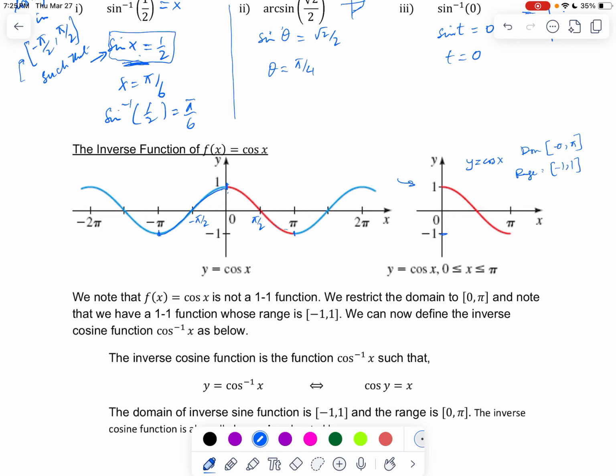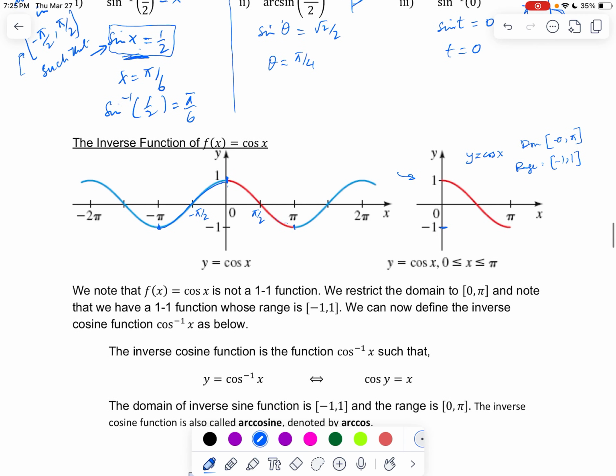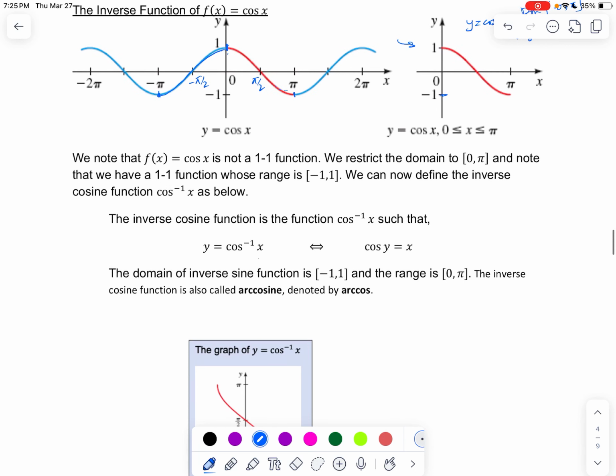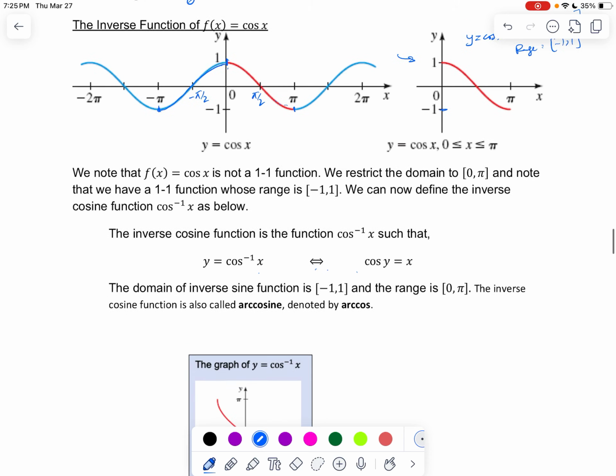On this piece, we define the inverse function, the cosine inverse function. We say y is equal to cosine inverse x if and only if cosine of y equals x. And the domain and the range get reversed. The domain of the cosine function was 0 to pi; that will become the range of the inverse function, and the range of the cosine function, which was negative 1 to 1, will become the domain of the inverse cosine.